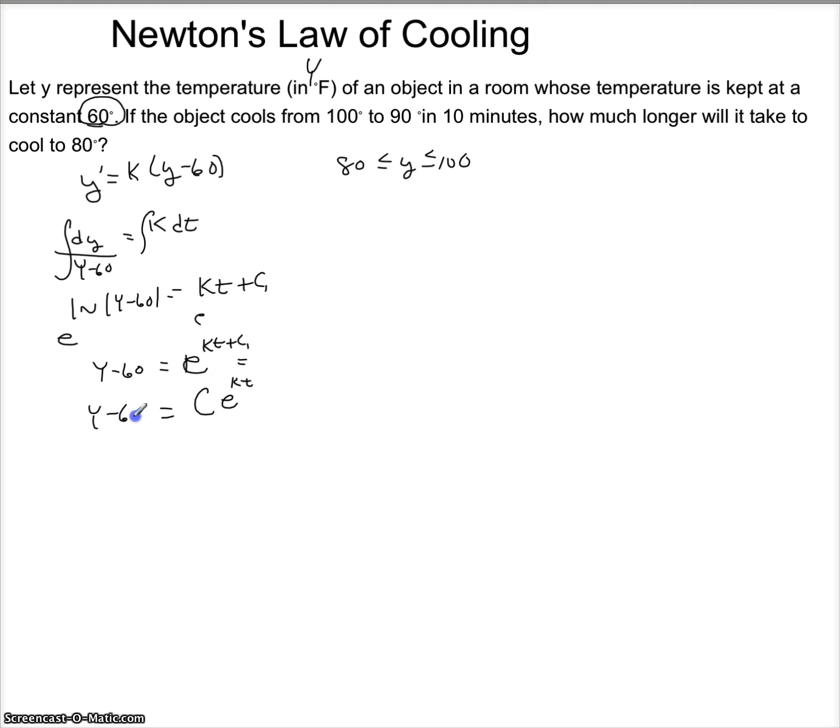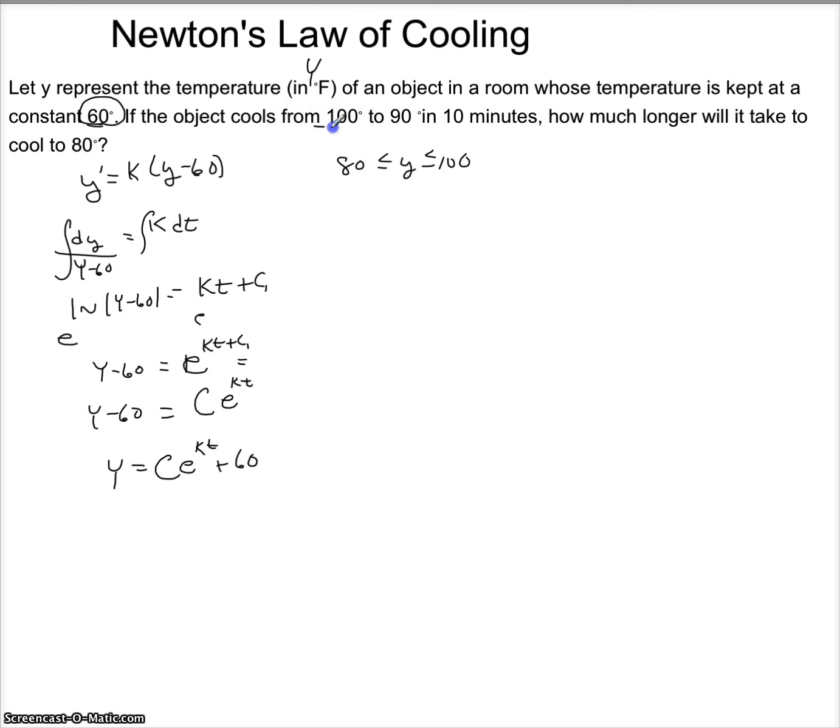Let me rearrange this. So my equation for y is equal to C e to the kt plus 60. Now I can use my values. I didn't write them down. Let's see, what are my points?